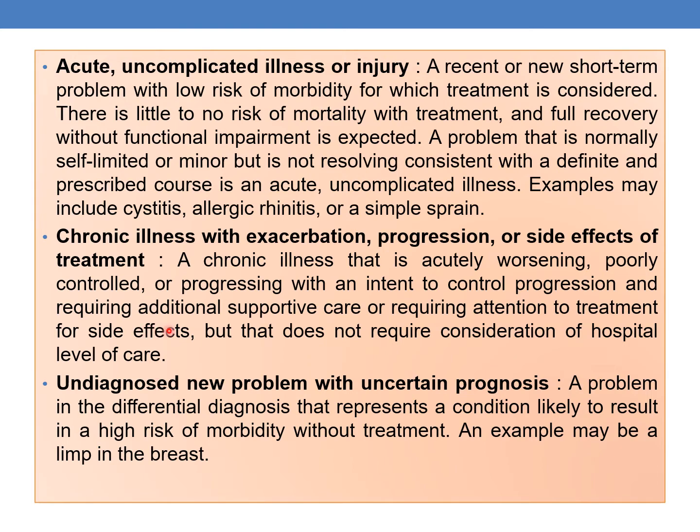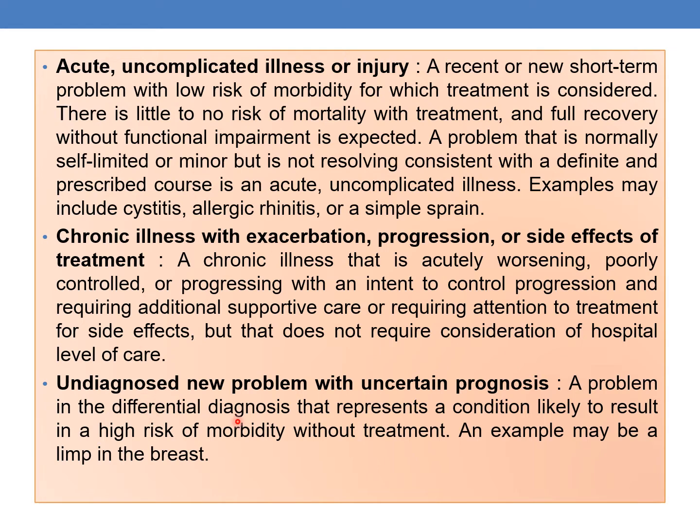That is, admission is not required, but additional supportive care and attention are required for the treatment for side effects. That is considered as chronic illness with exacerbation, progression, or side effects of treatment.